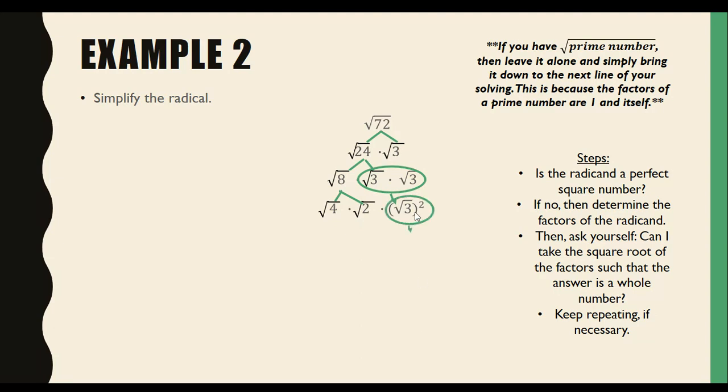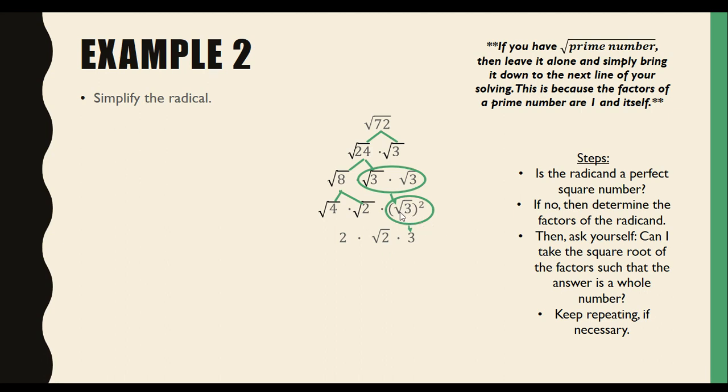Now, these two operations, a square root and an exponent of 2, are inverses. So they cancel each other out, and I'm left with 3. All right, so again, the square root of 4 is 2. The square root of 2 is prime. I'm going to leave it and bring it down.